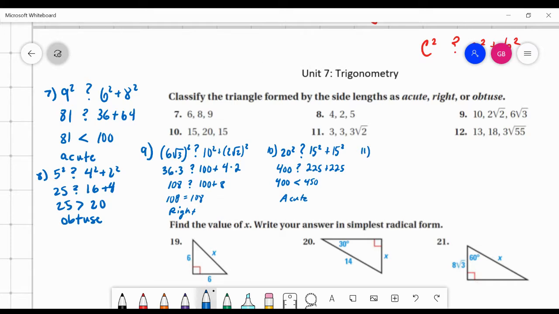Okay, for number 11, the square root of 2 is the biggest number, and then 3 squared plus 3 squared. So this is 9 times 2. And this is 9 plus 9. So 18 is equal to 18. So this is a right triangle.